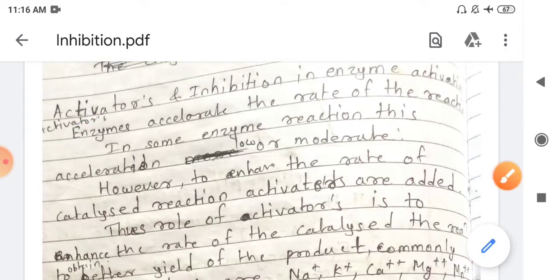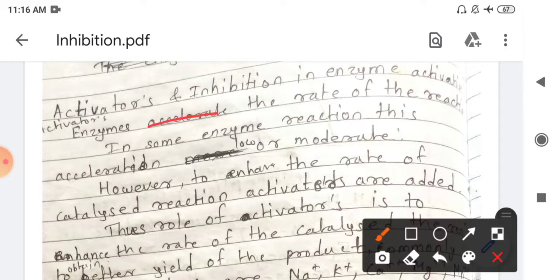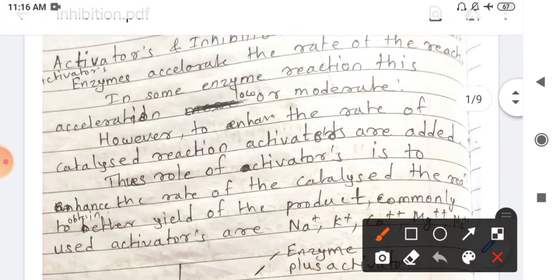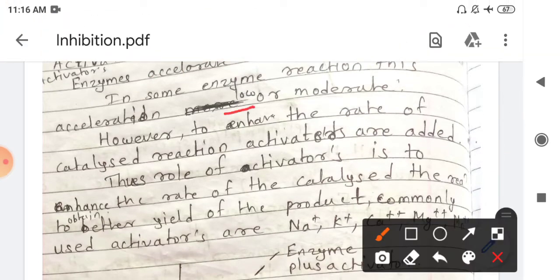Activators are those compounds which accelerate the rate of an enzyme catalyzed reaction. In some enzyme catalyzed reactions the rate of reaction is quite slow or moderate. There might be some enzyme which reacts with the given substrate at a low or moderate rate.